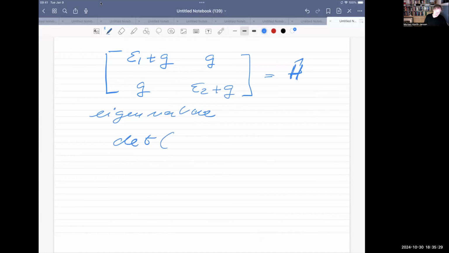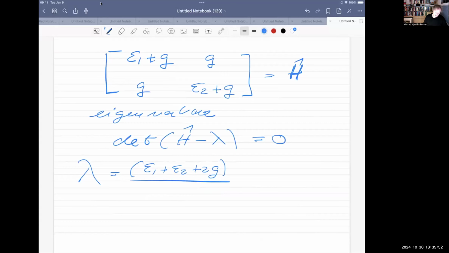So we need simply the determinant of H minus the eigenvalues lambda, and we want that one to be equal to 0. Now we can then easily find these eigenvalues. So the eigenvalues then are going to be given by epsilon 1 plus epsilon 2 plus 2 times G divided by 2 here. And then I have a plus minus.